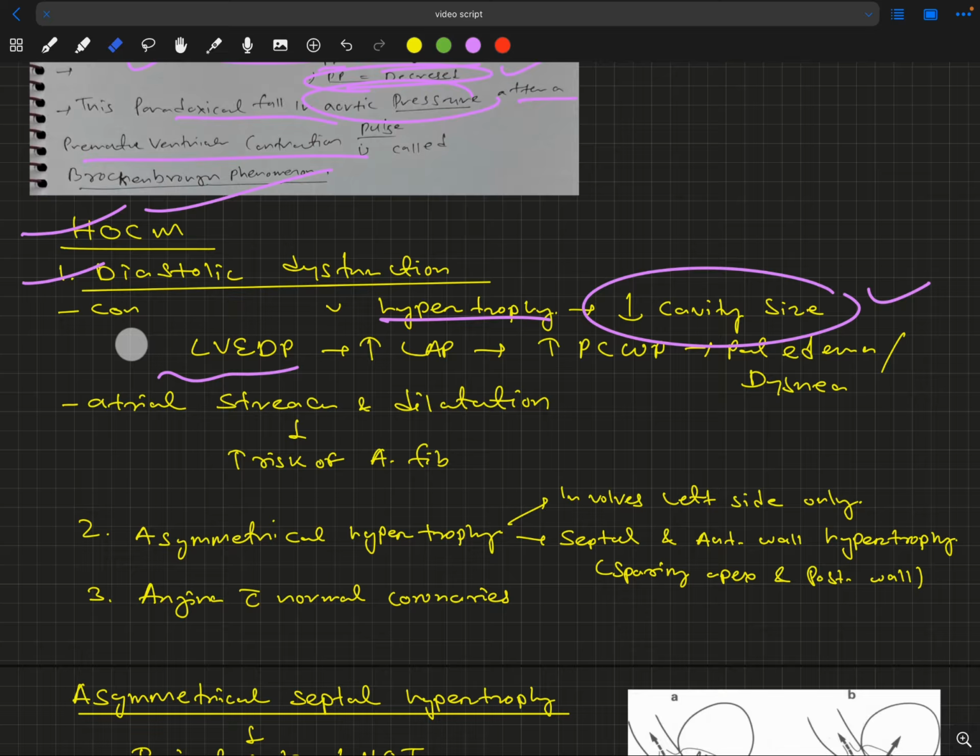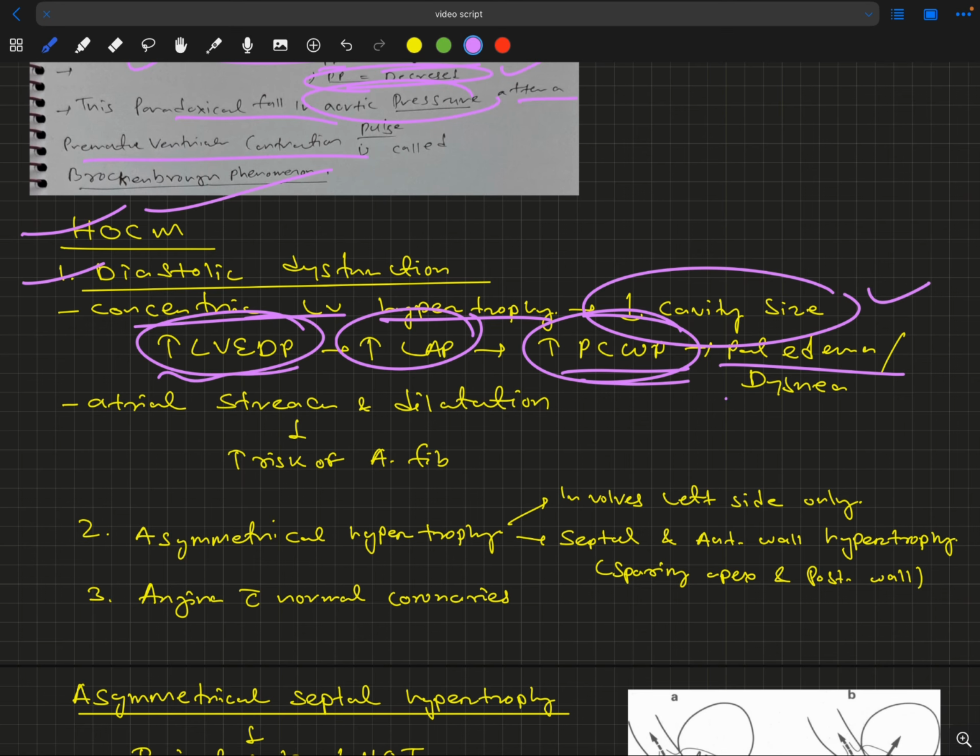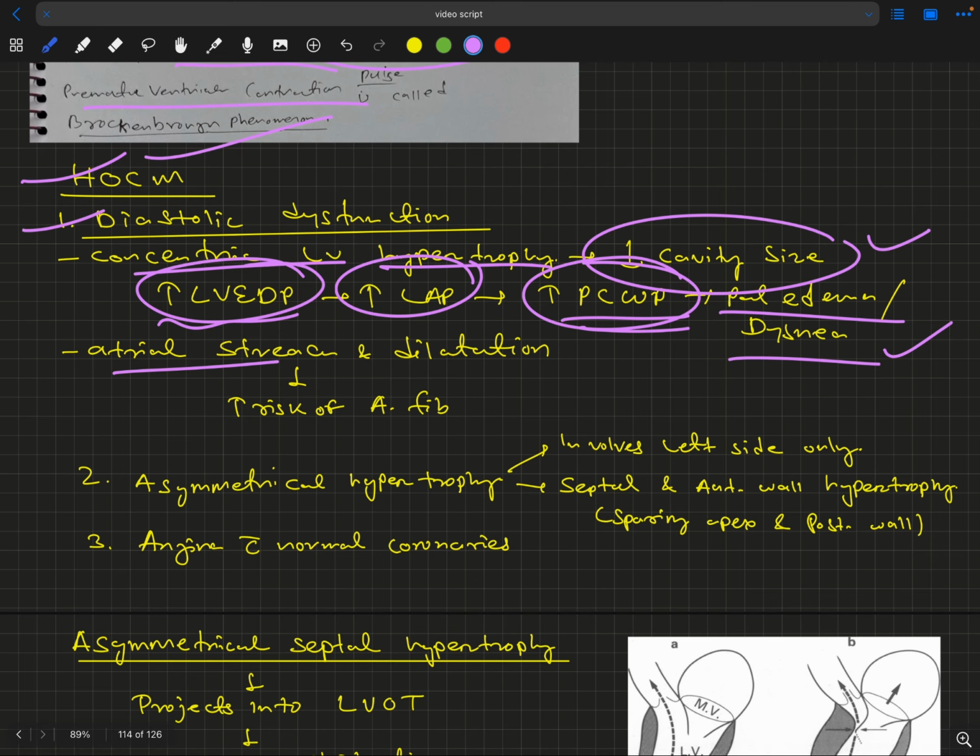So there will be an increase in left ventricular end diastolic pressure, which will lead to increase in left atrial pressure, which will lead to increase in pulmonary capillary wedge pressure, which can lead to pulmonary edema, dyspnea or congestion in the lungs. So there is atrial stretch and dilatation, and a risk of atrial fibrillation, when the atria pump against the stiff ventricle.